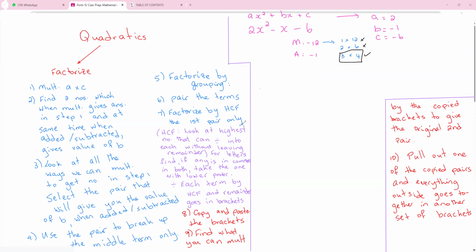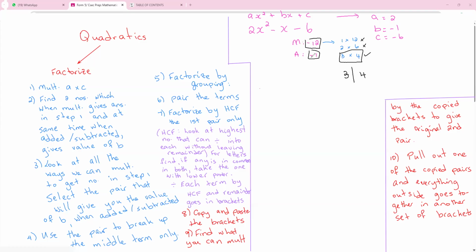But remember, this pair is very sensitive with respect to your signs, whether it's positive or negative. Because remember, it was negative 12 and negative 1. Now, in order for you to get a negative number when you're multiplying, it means one of the two numbers will be negative.